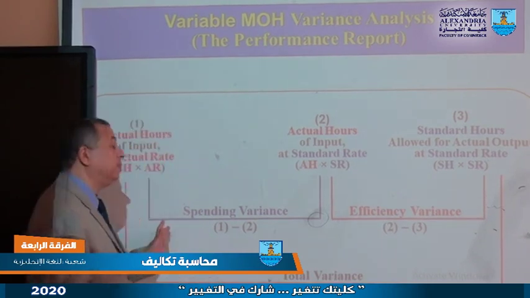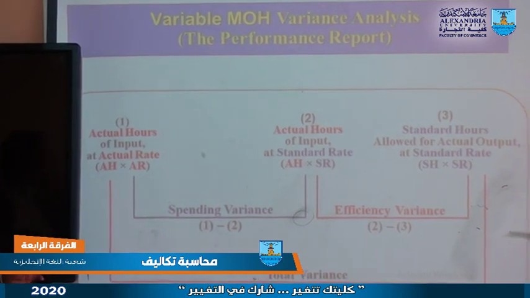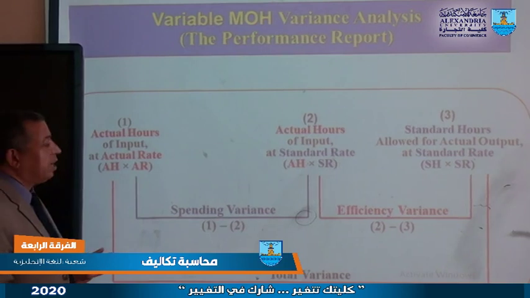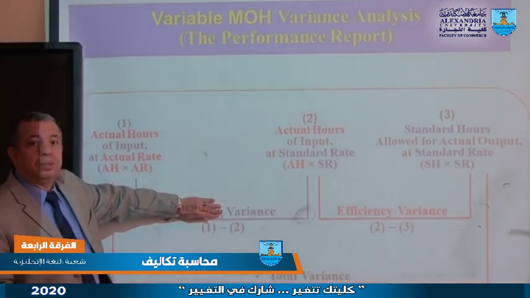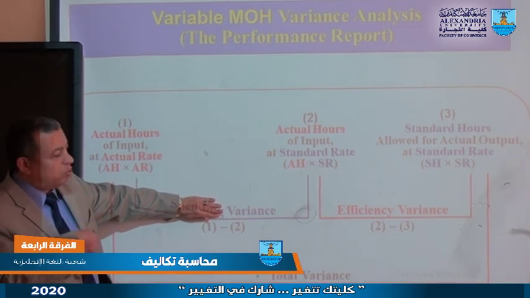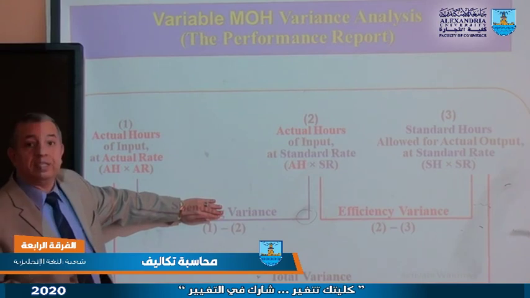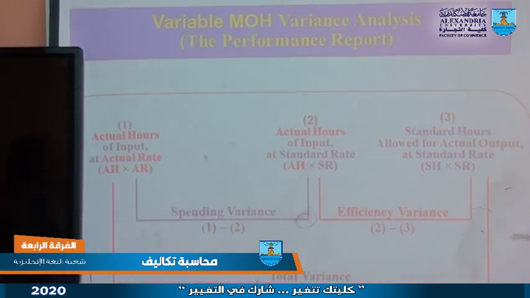Okay? This, how to prepare performance report. It looks like 100% direct labor. If I change spending to rate, I will get the form, not the amounts, but the form of performance report to analyze the variances of direct labor. Okay? Very simple. How to calculate it?